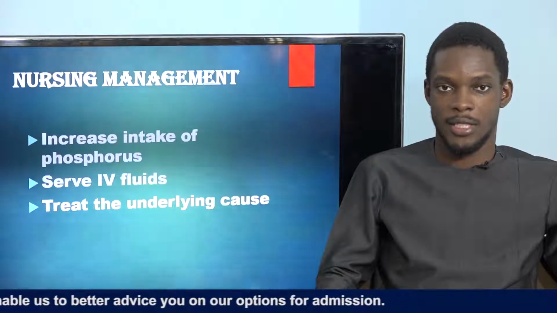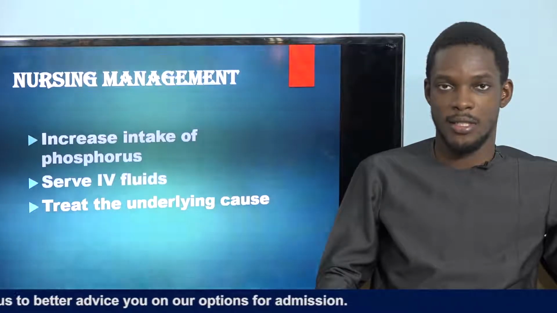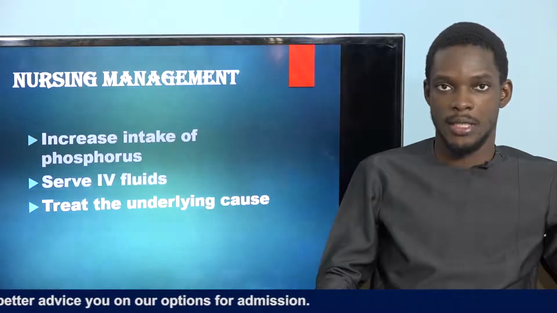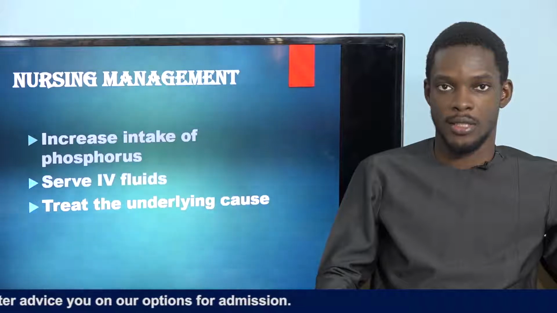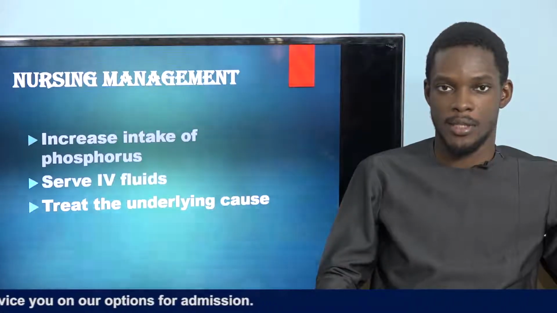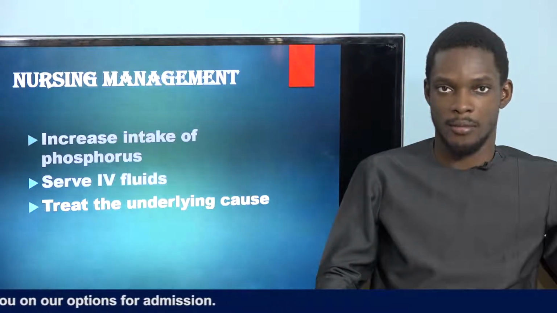For your nursing management, what you want to do for your client is to increase their intake of phosphorus. Increased intake of phosphorus will ensure that the high amount of calcium is decreased. Serve IV fluids as prescribed by the physician.